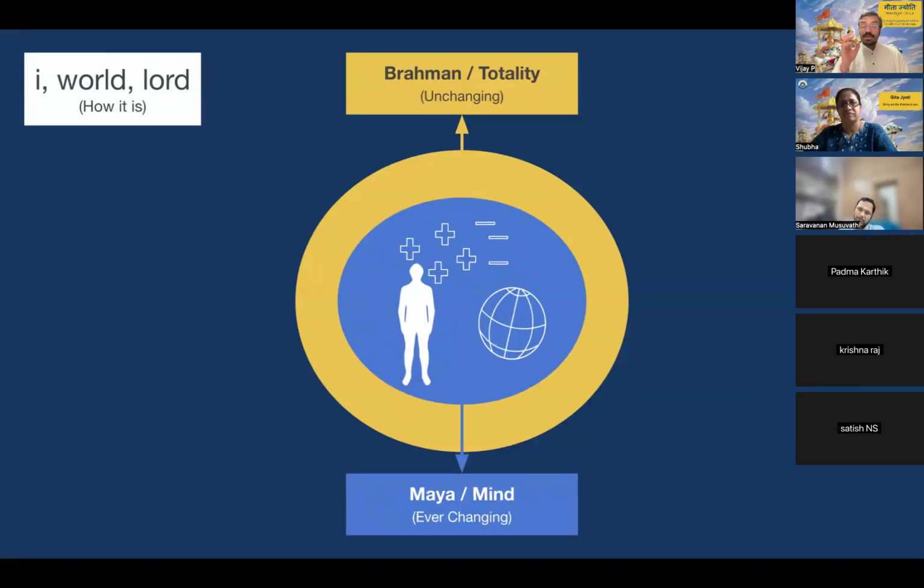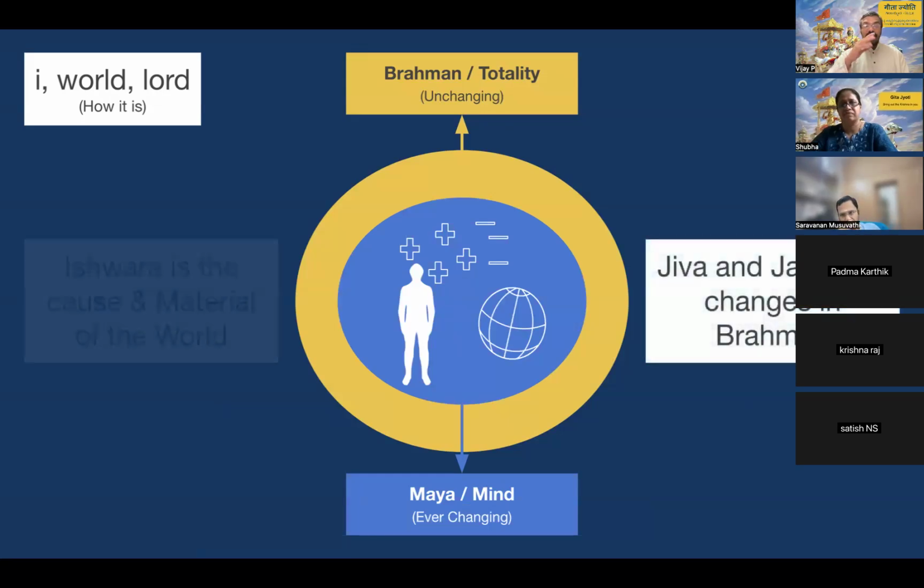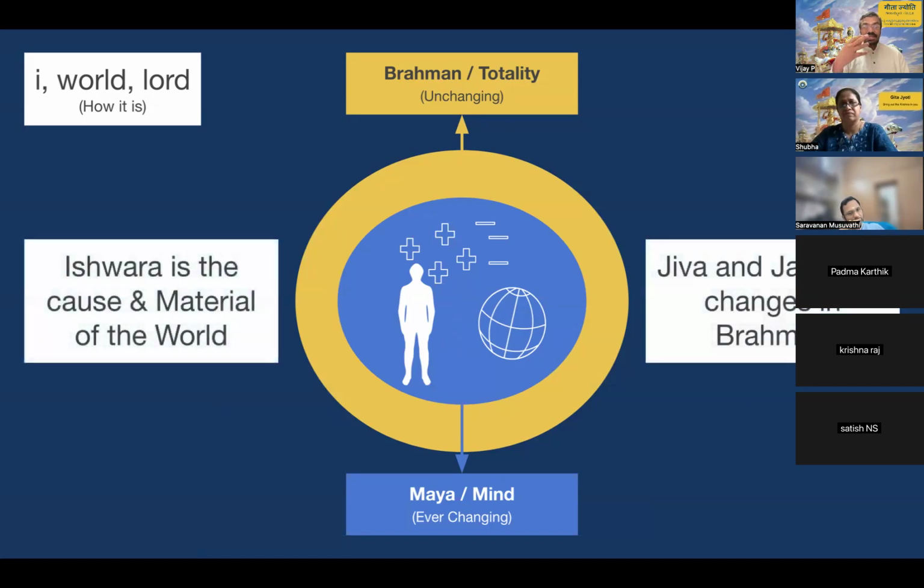And you are that only. So the so-called Jiva and Jagat, the world and that individual, is actually nothing but a change appearing in Brahman. And all of this change, the material for this change and the cause of this change is Ishvara. And Ishvara is nothing but Brahman only as a universal being. This is the essential knowledge that Bhagavad Gita teaches, what Vedanta teaches.